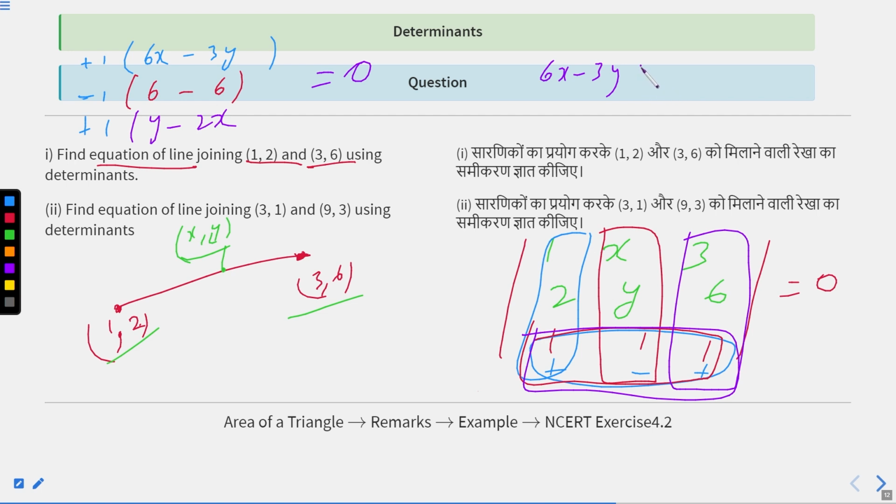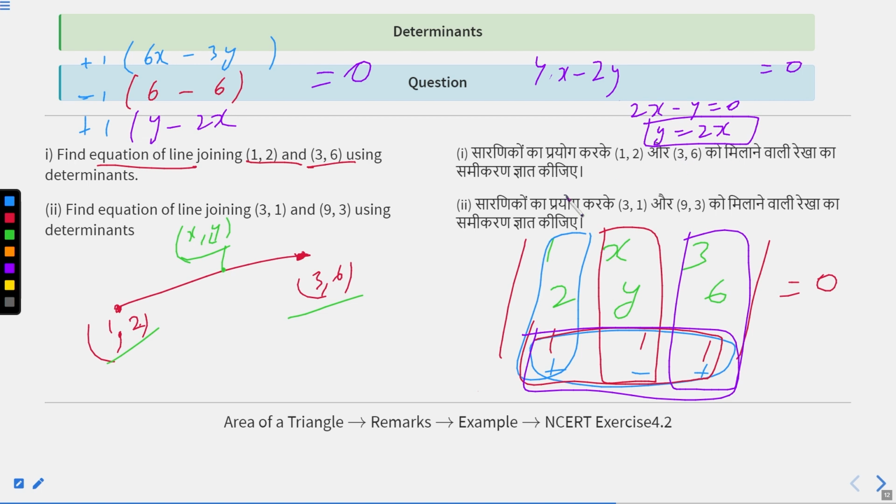And you are only left with y minus 2x equal to 0. This will be 4x, this will be minus 2y, and taking 2 common, you will have 2x minus y equal to 0. In other words, y is equal to 2x.